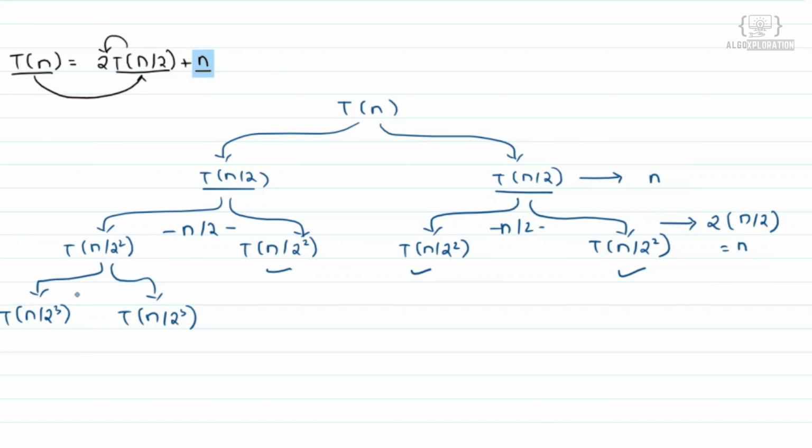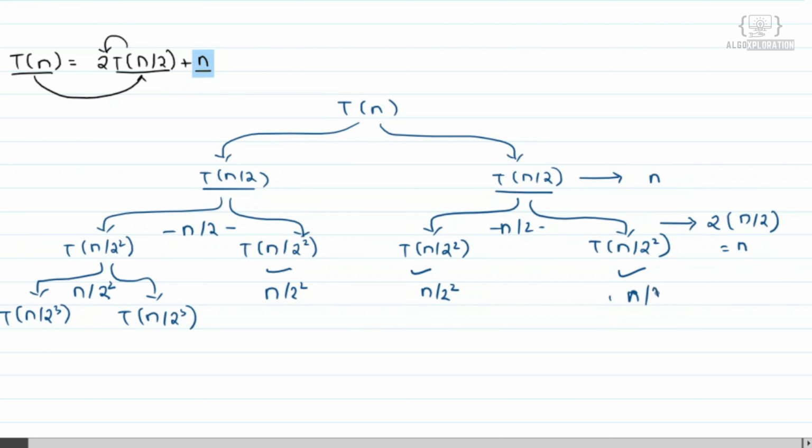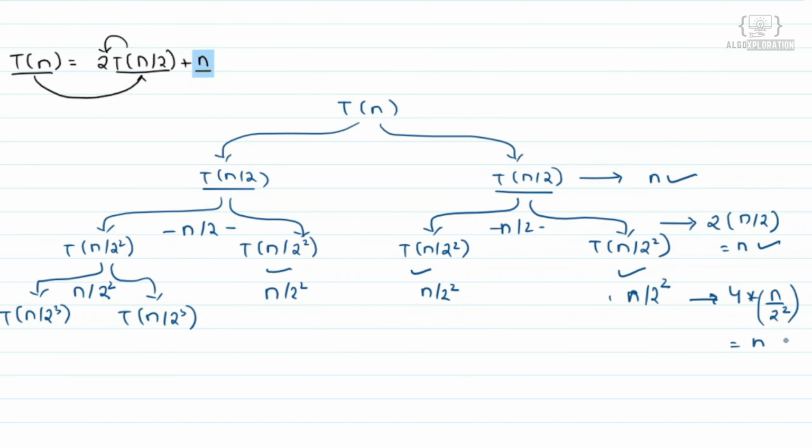So the cost here will be n/2^2, here also n/2^2, n/2^2, and n/2^2. So the cost at this level will be 4 times n/2^2, so it will be n. So we can see that at every level the cost is n only, but sometimes the cost of every level will be different. Here in this case it is coming out to be n.